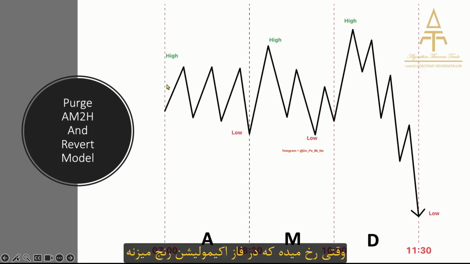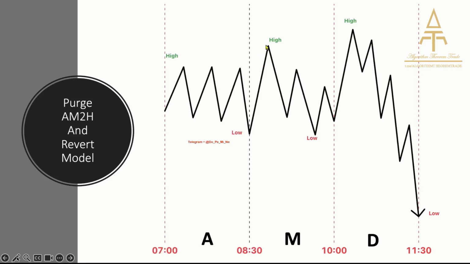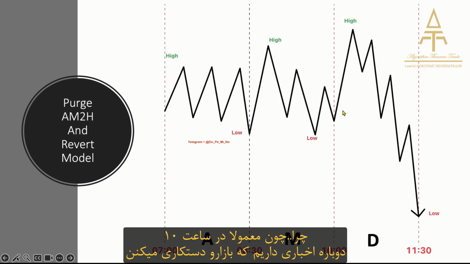This occurs when the accumulation cycle has gone sideways, and the manipulation cycle took out the previous cycle's high, so the high of the accumulation cycle, but it did not displace to the downside yet. Why not? Because usually there is a high impact news driver at 10 a.m. that will be used for repricing and manipulation purposes.